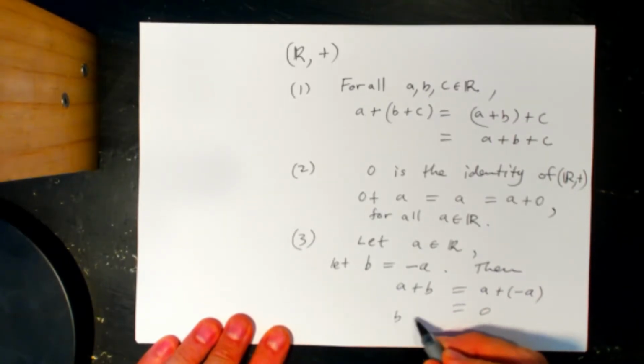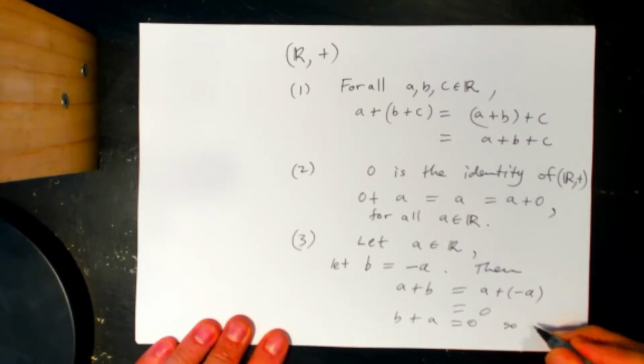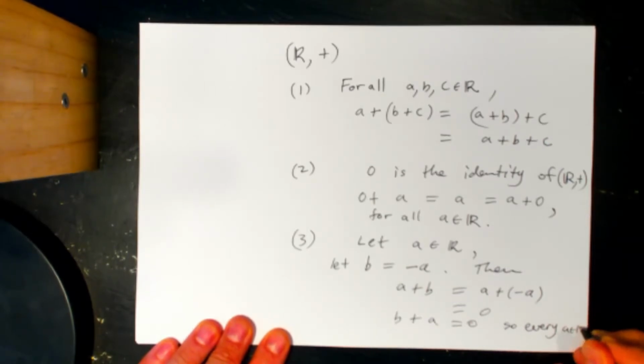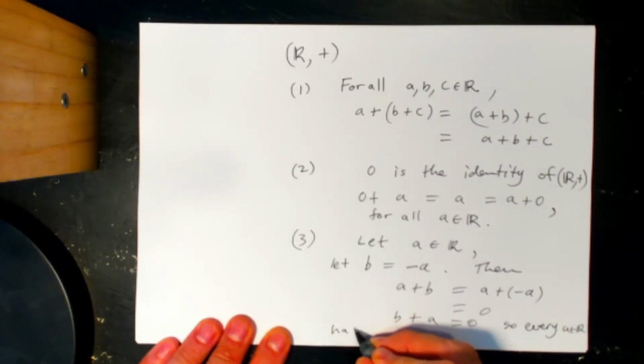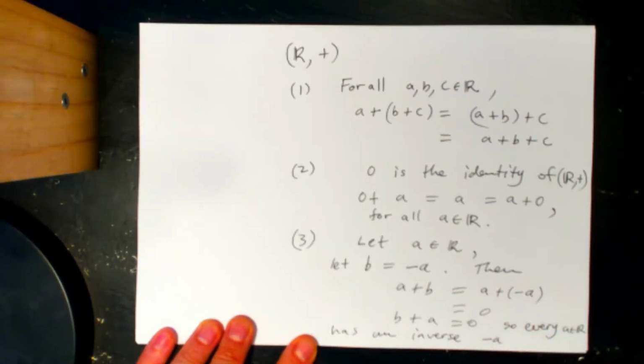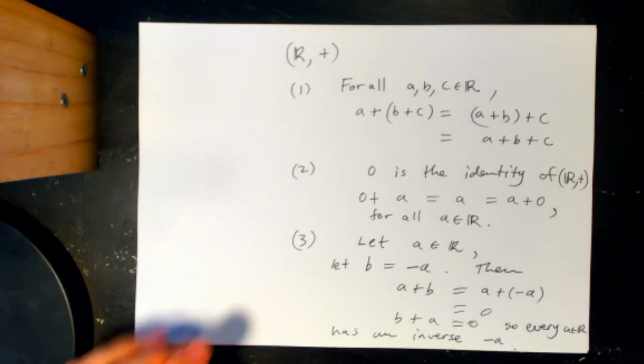And it's the same the other way around. And so every a belonging to the real numbers has an inverse, namely minus a. Okay, so this is another very simple example of a group that you're already familiar with, and you would have learned this in probably grade 1 or 2, right? Just not told it was a group.